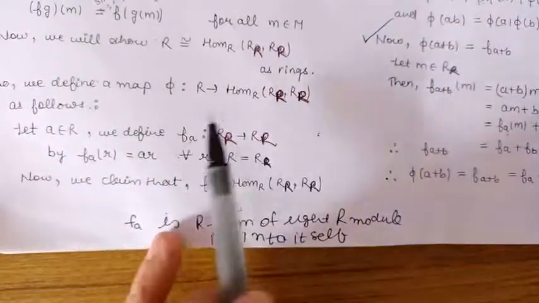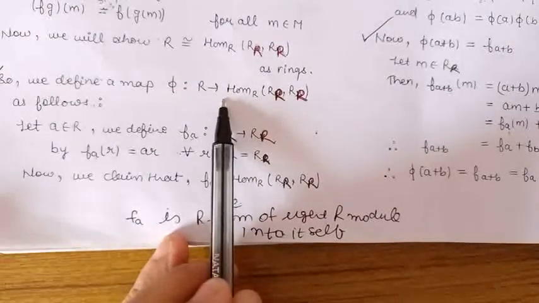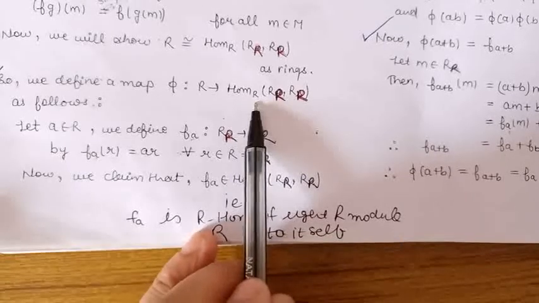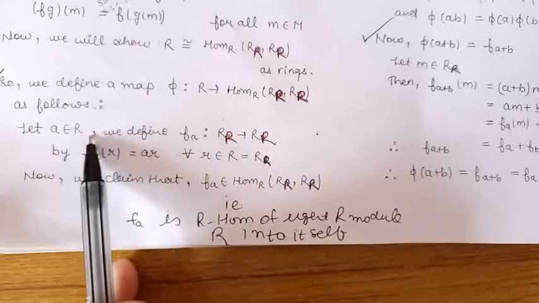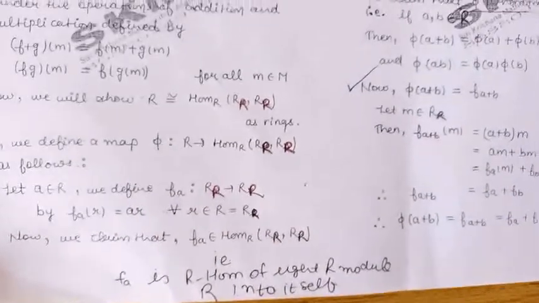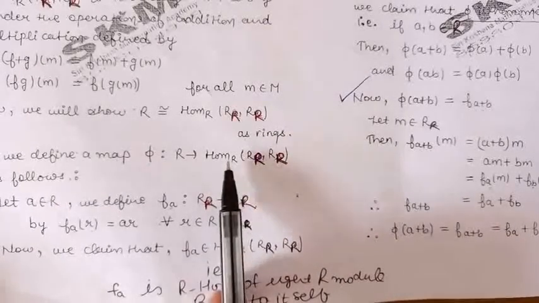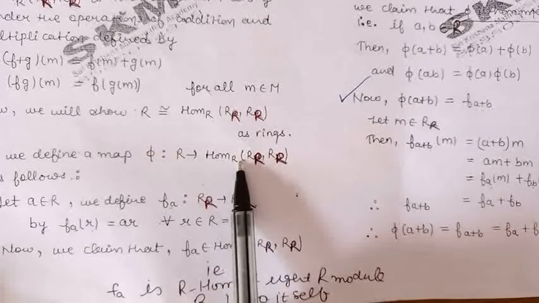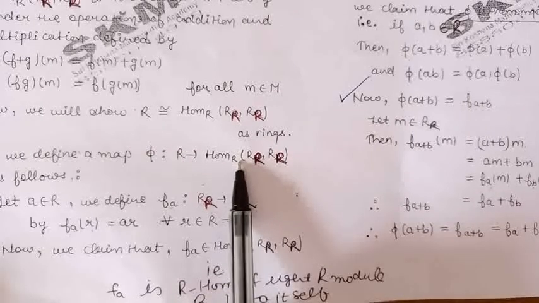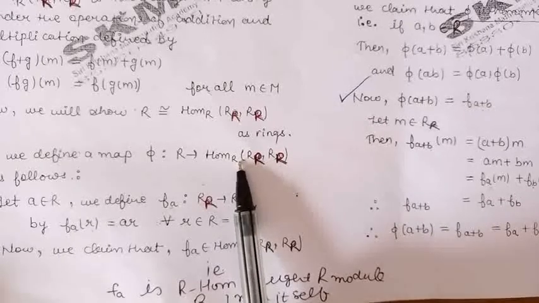So let us define a mapping phi from the ring R into the ring of endomorphisms of R. To define this mapping, let us take an element a belonging to the ring R. Now, to define the mapping, we require an element of the ring of endomorphisms of R. It means we require a mapping which is an R homomorphism of the right R module R into itself.